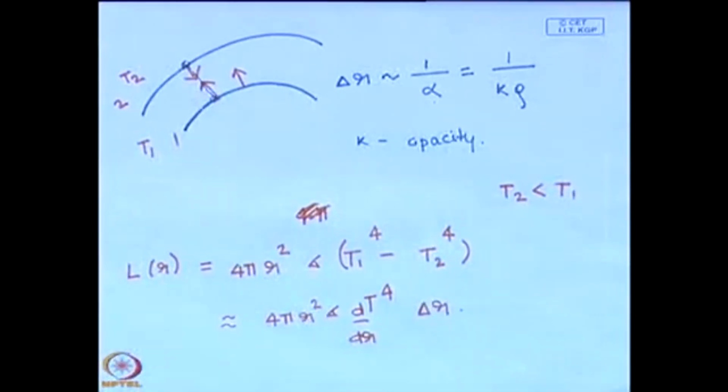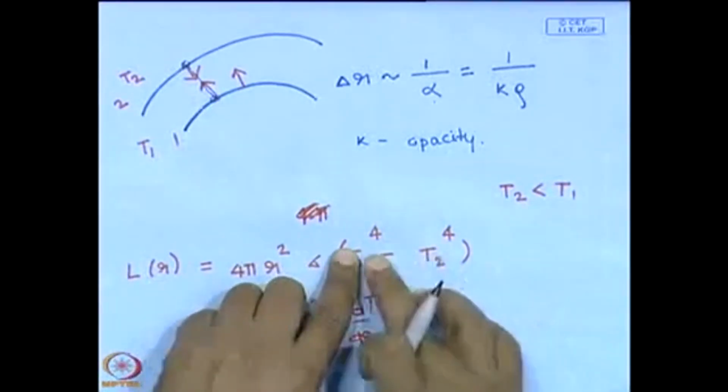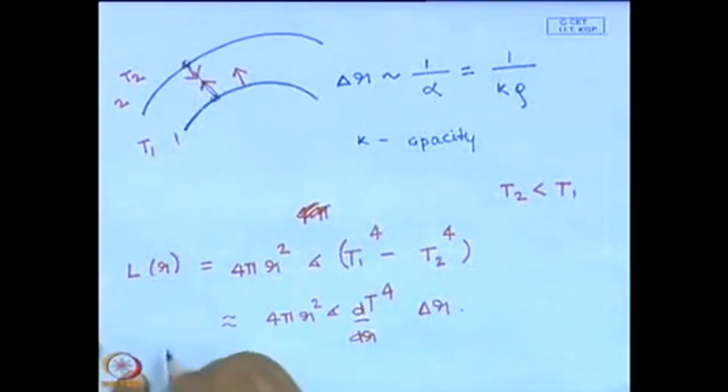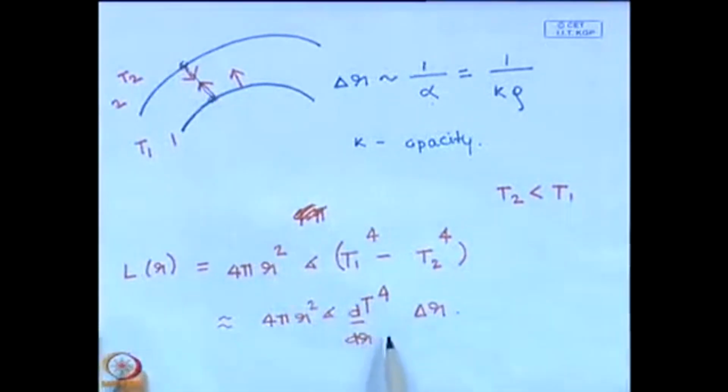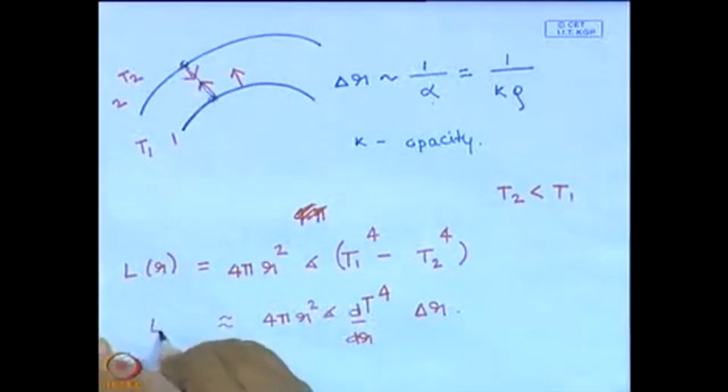Right, that will be an estimate of this quantity, and the mean free path we know is much smaller than the radius of the sun, very small, it is of the order of millimeters. So, this gives us the luminosity.